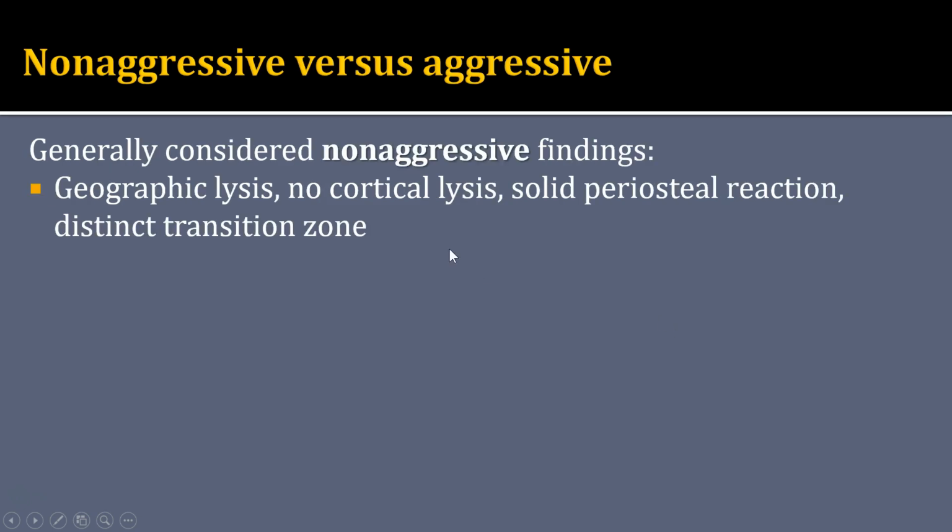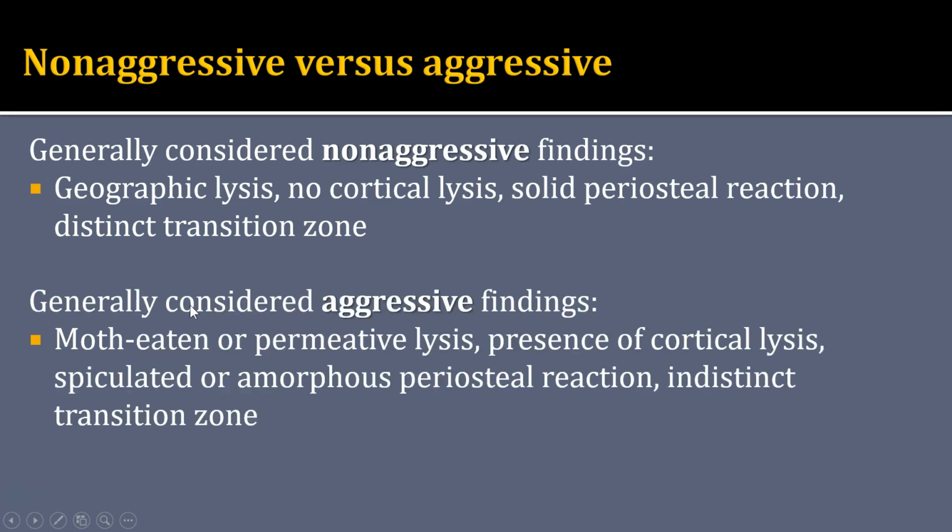So I do want you to pay attention to trying to distinguish between non-aggressive and aggressive lesions, and this is very important. Generally, when we're looking at non-aggressive lesions, we can consider the following findings as being non-aggressive: geographic lysis, no cortical lysis, sometimes cortical thinning but no lysis, a solid periosteal reaction, and a very distinct transition zone.